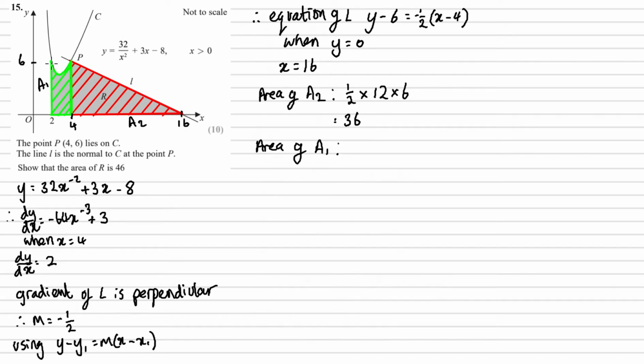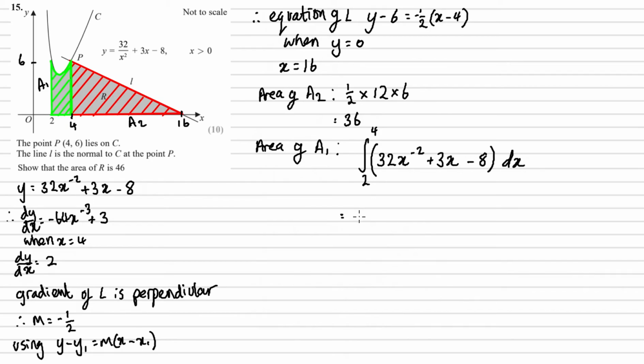So, like I said before, in order to find the area of A1, this green section here, we can just integrate this curve between the limits of 2 and 4. So again, using my indices rules, I'm just going to write out 32x to the power of minus 2 plus 3x minus 8, and we're integrating with respect to x.